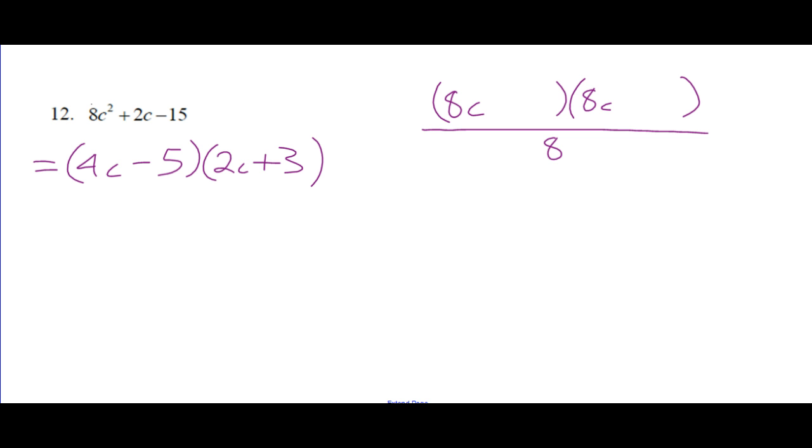Okay, I need two numbers that multiply to whatever 8 times 15 is, 120. Because that last one is negative, they multiply to 120, they differ by 2. Which means that they're pretty close together. Right. So if you can't figure out the numbers, and you know they're close together, go with the square root. What's the square root of 120? 10.95, right?